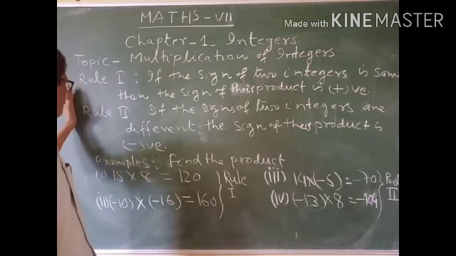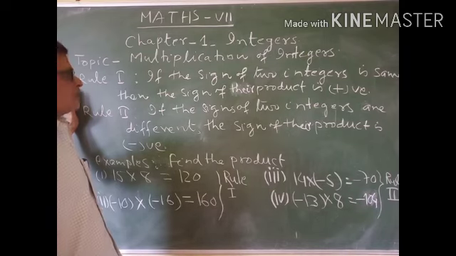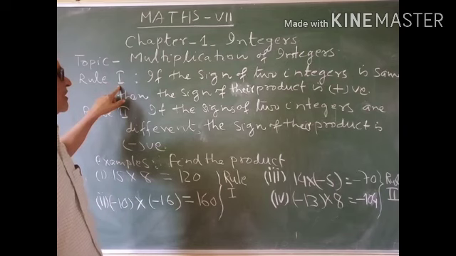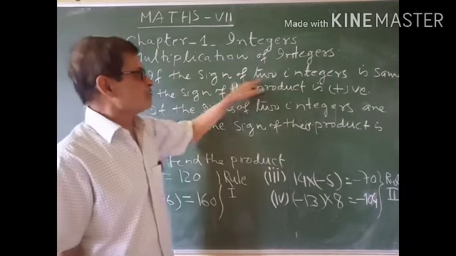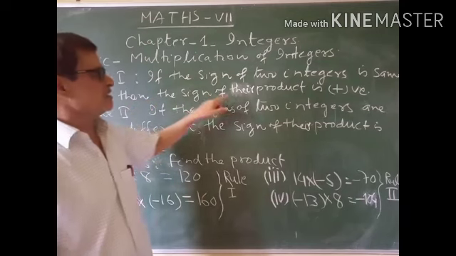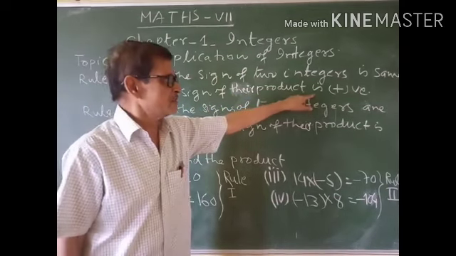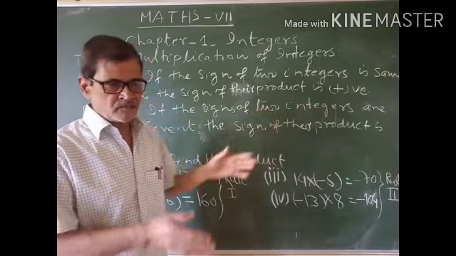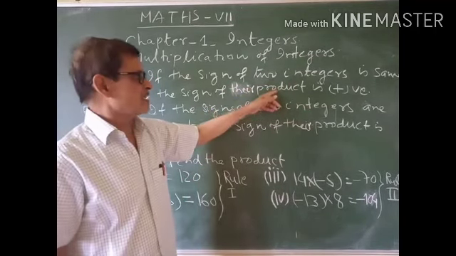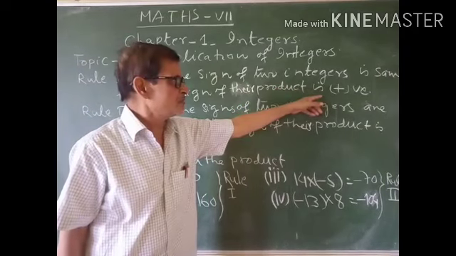So there are 2 rules for the multiplication of integers. The first rule is, if the sign of 2 integers is the same, then the sign of their product is positive. It means if both are positive, the sign of the product will also be positive.